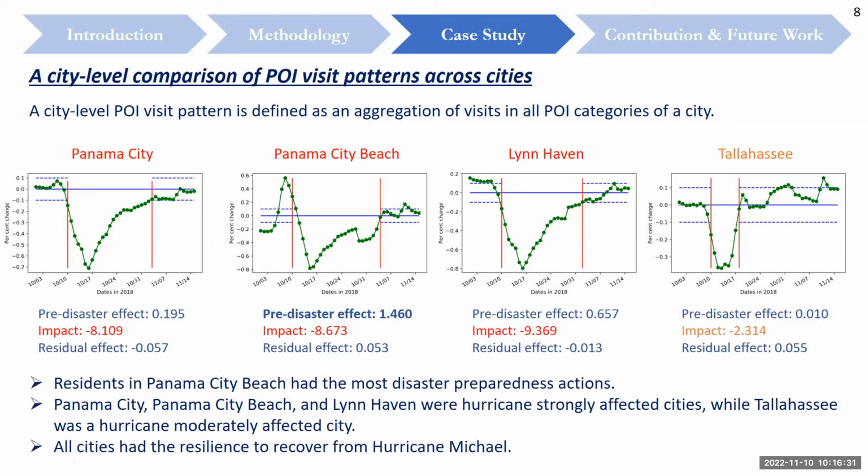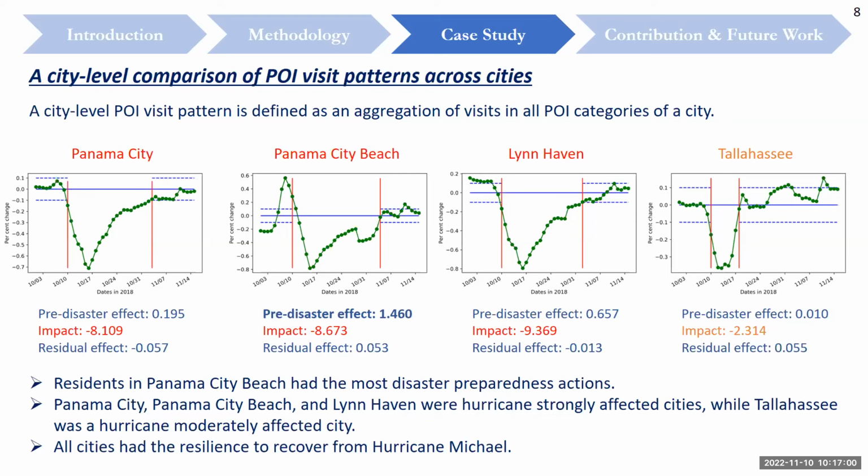This is a kind of validation of the methodology, because we know that in reality these 3 cities were much more heavily hit. Then we examined the pre-disaster effects. Interestingly, Panama City Beach had a much higher preparation, followed by Lynn Haven and Panama City. In Tallahassee, there's nearly no preparation, which again makes sense because people in Tallahassee probably knew there wouldn't be such heavy impact.